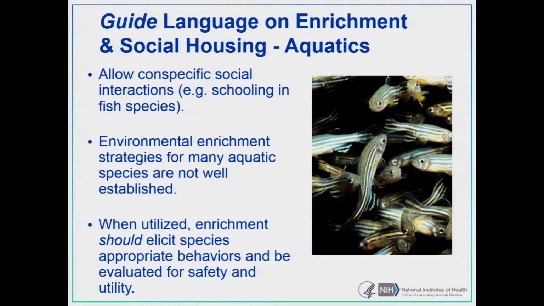It basically encourages institutions to do that research and publish it so that it will help the greater community. But in general, enrichment should be appropriate for the species in terms of enhancing their behaviors, and also hopefully be safe for the animals and the people using it.